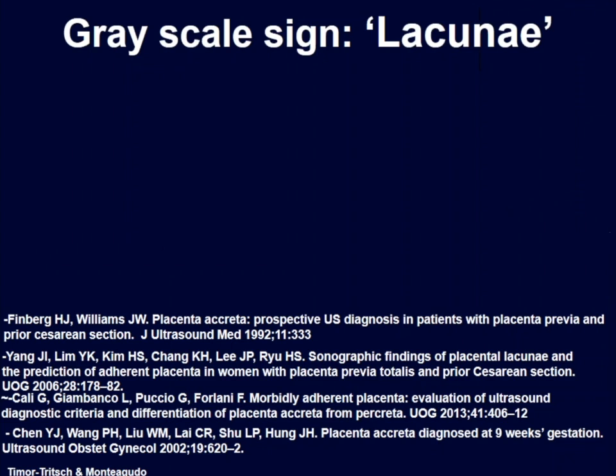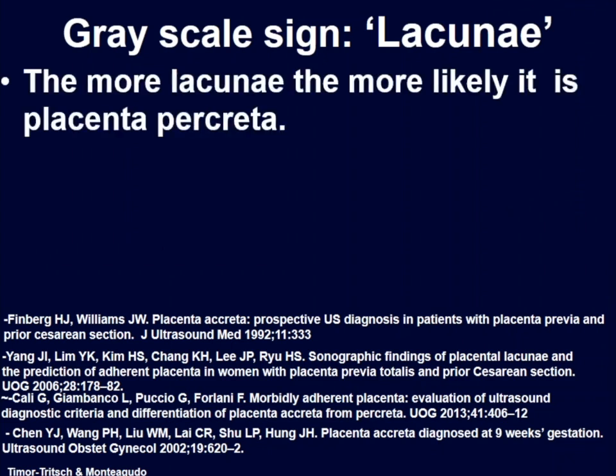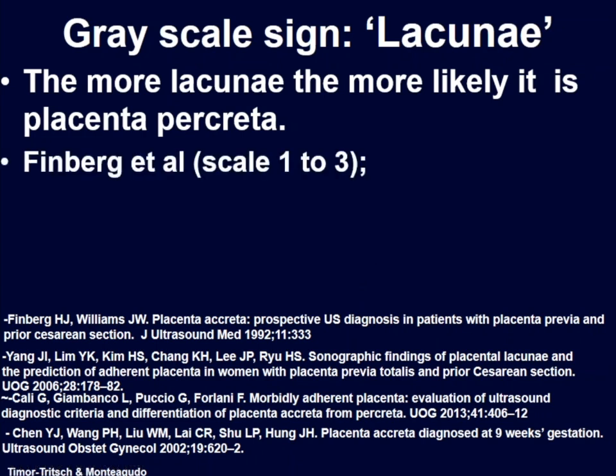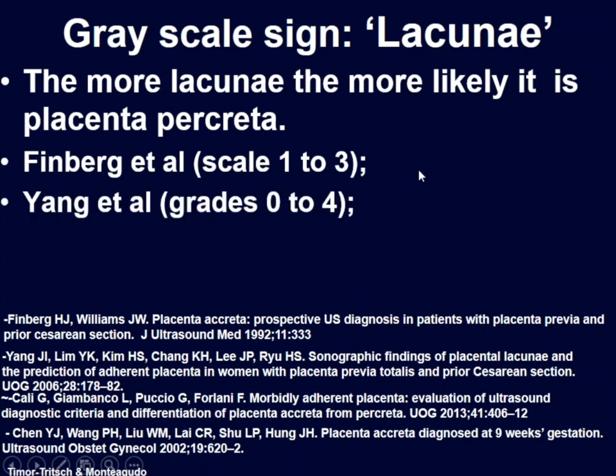These lacunae are really predictive of placental adherence disorder, and the more of them present, the more likely it is that it is a placenta percreta. Finberg said that at least 3 would be important to mark an adherent placenta.